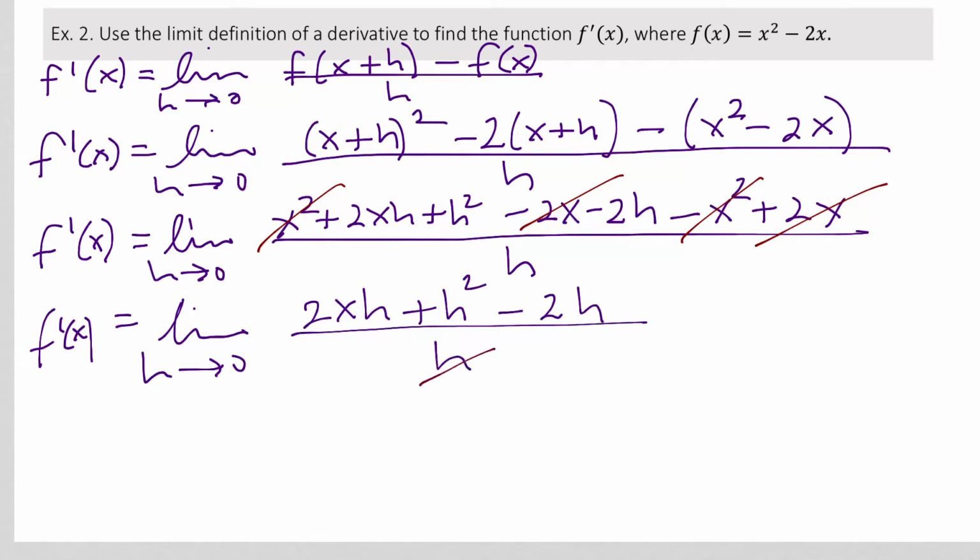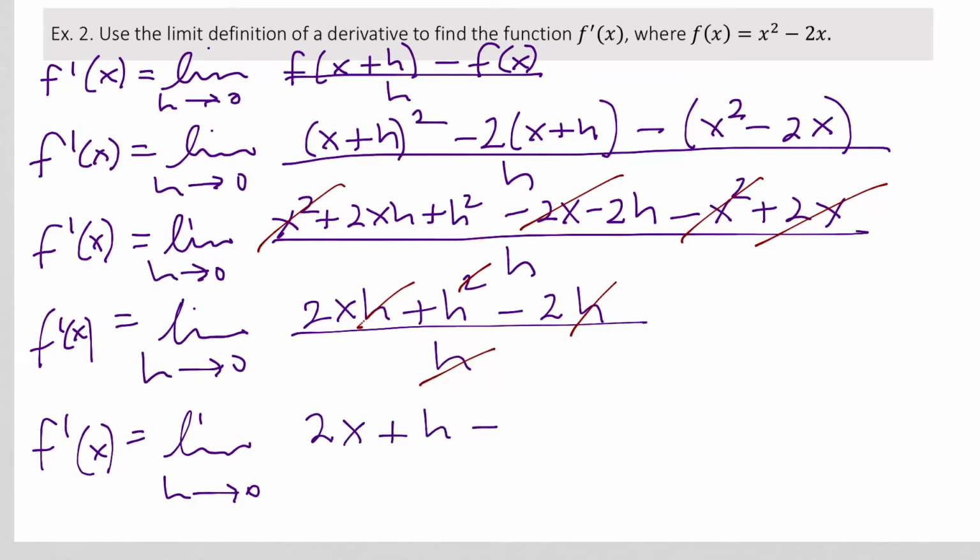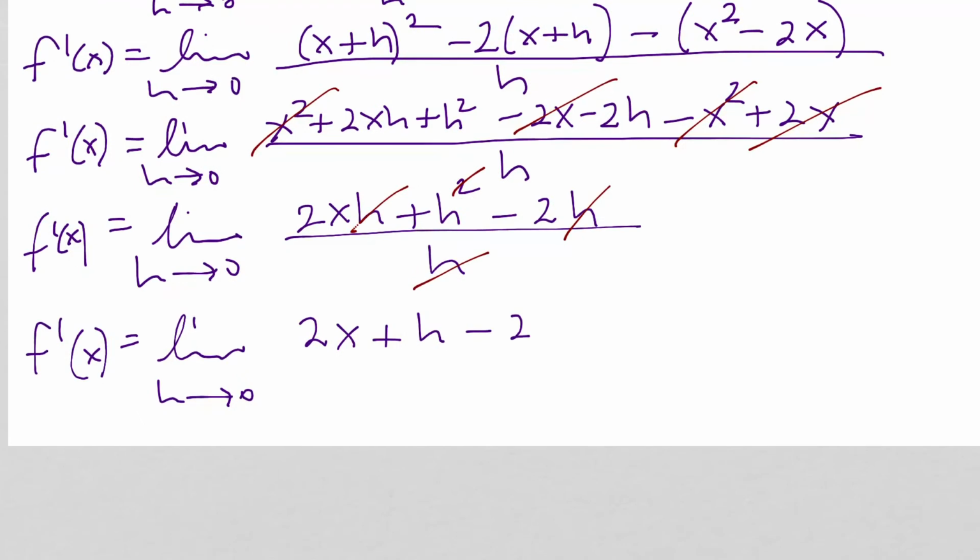So cancel the h here, here, here, and here. So we can evaluate the limit as h approaches 0 now. So that would be the limit of 2x plus h minus 2. So I can substitute 0 in for h, and I'll get f prime of x.